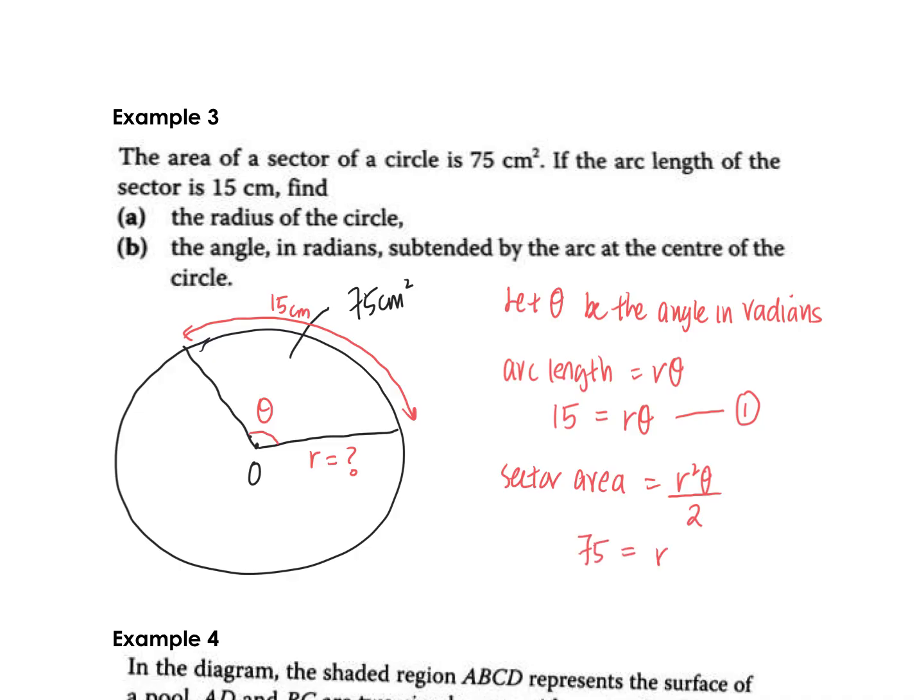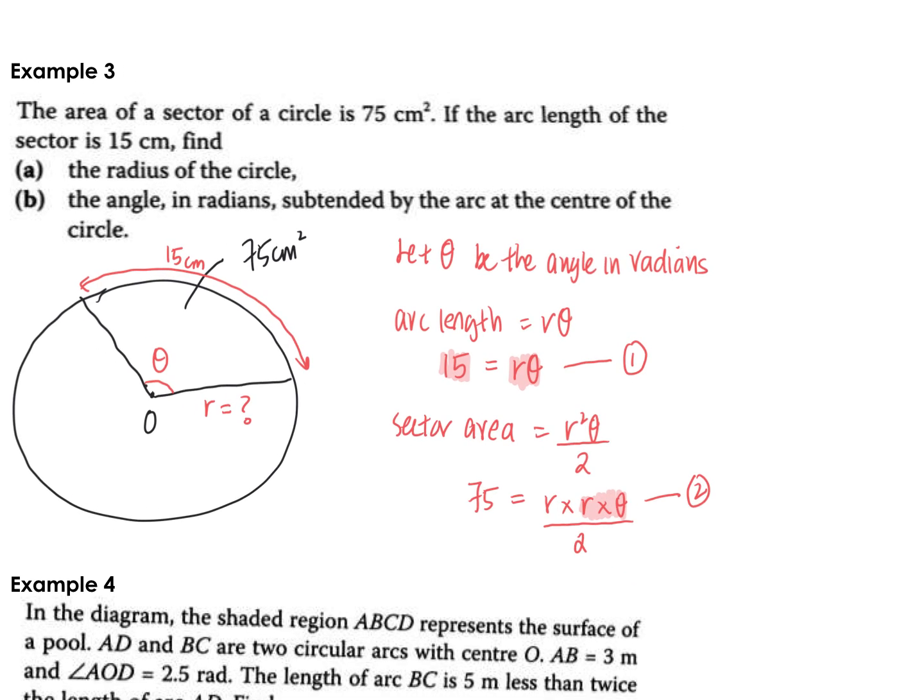Same thing, they are all unknowns. I have no knowledge of what r and theta are. But I do have a hint on the value of r theta. R theta is 15, and I see an r theta here, so I can change it to 15. If you do a substitution, that's the beauty of math.